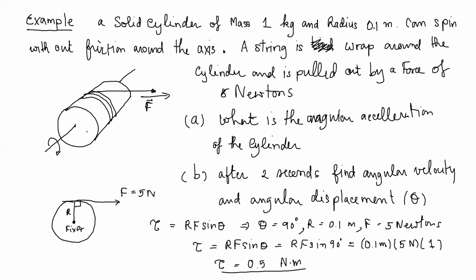So we have torque equal to R F sine 90, and the radius is 0.1 and F is 5 newtons. So torque is 0.5 Newton meters. That's the unit of torque.